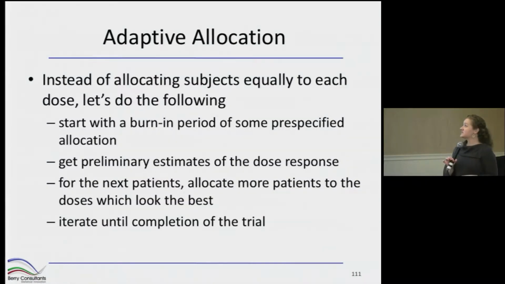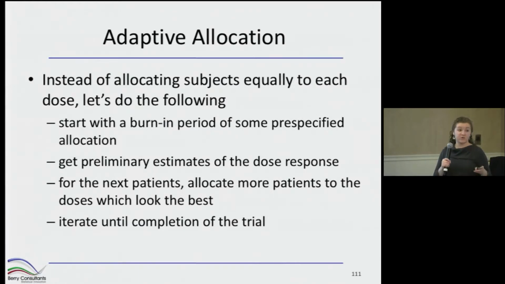The next thing we're going to add to our trial: we've looked at just going from a basic trial to adding a dose response model. Now we're going to start to change the adaptation. Instead of just allocating patients equally across all the doses, we're going to do something different. We're going to start the trial with what we call a burn-in period, where we have a fixed allocation.